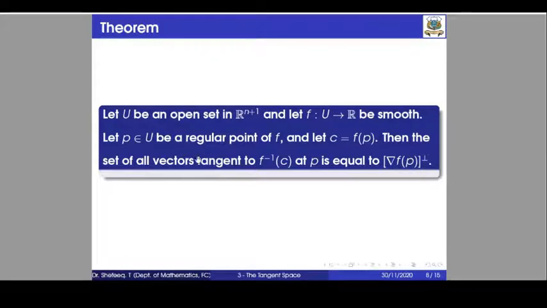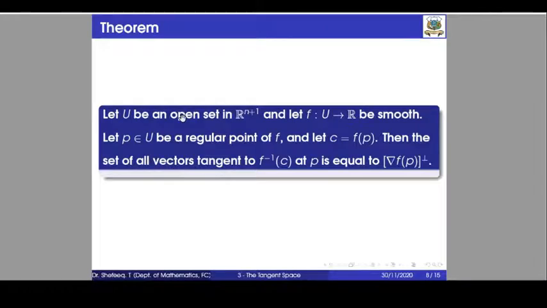We have U an open subset in R^(n+1) and f a smooth function from U to R, and p is a point in U which is a regular point. That means del f of p is not equal to 0, and also p belongs to f inverse c.